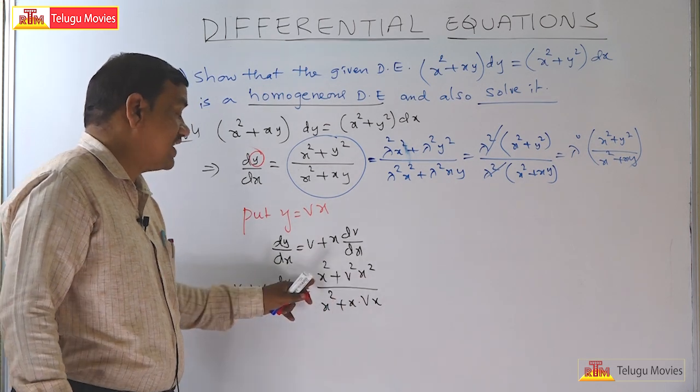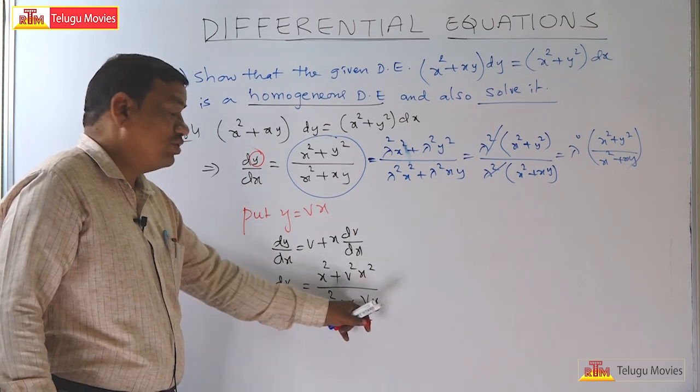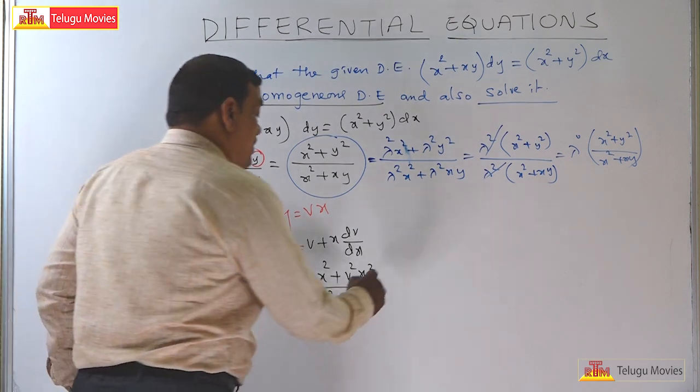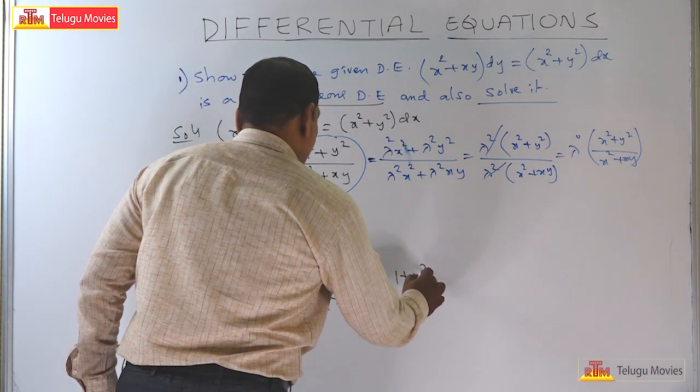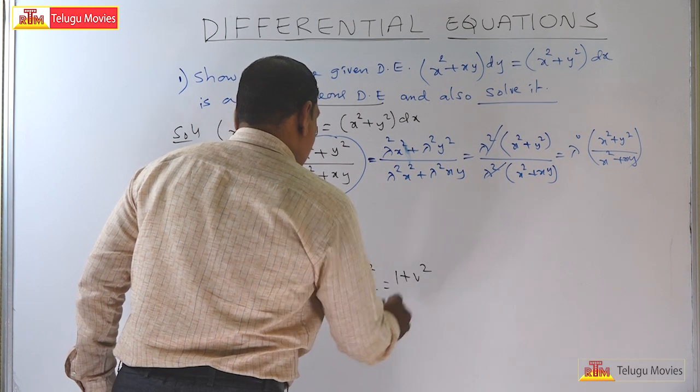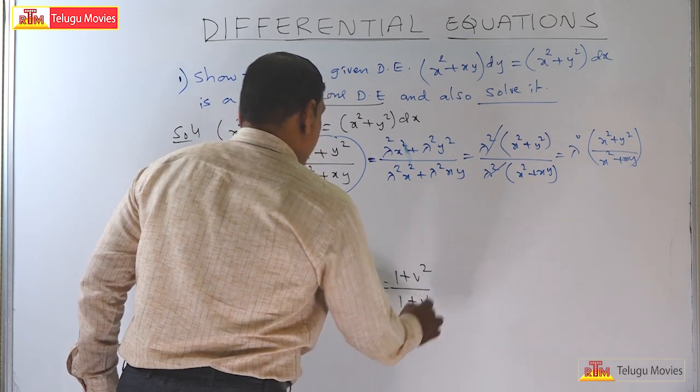Take x² common outside, and we get (1 + v²)/(1 + v).